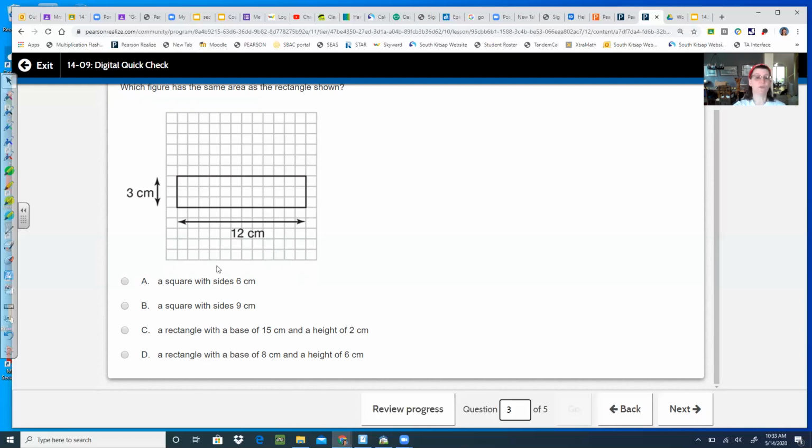A rectangle with a base of 15 and a height of 2. So what is 15 times 2? A rectangle with a base of 8 and a height of 6. On this one, let's flip it and think width times height. Which one equals, when you multiply it, the same thing as that one?